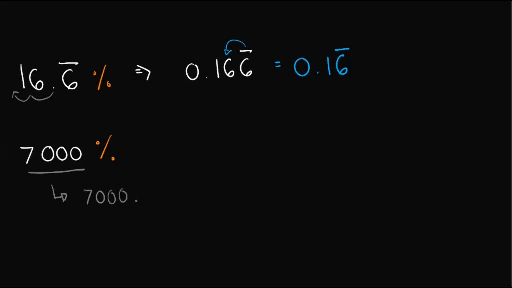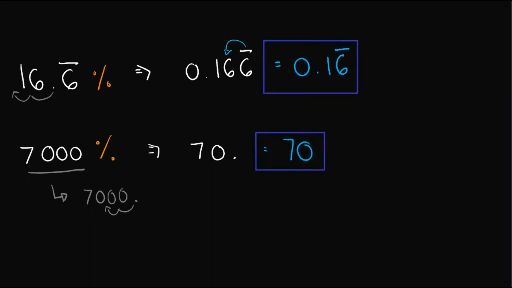So again, moving this 2 times would give us 7 with the decimal point, or simply just 70. So these are our final answers. And so that is basically it in converting percent and decimals.